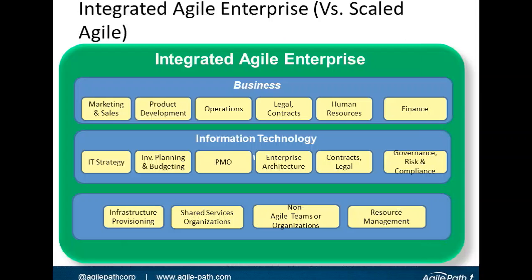Now, I'll further suggest that if you get this scaled Agile governance right and are successful getting scaled Agile or the integrated Agile enterprise in your organization, what you have the opportunity to implement is what I'm illustrating here. You can get to a three-speed IT delivery model.